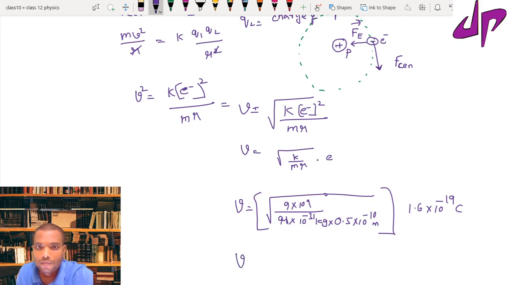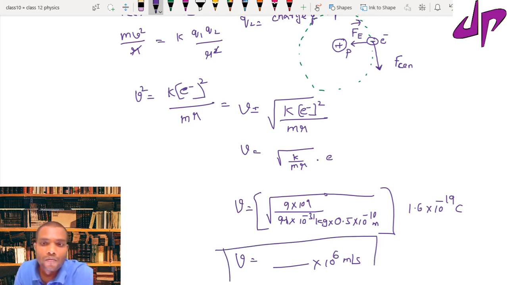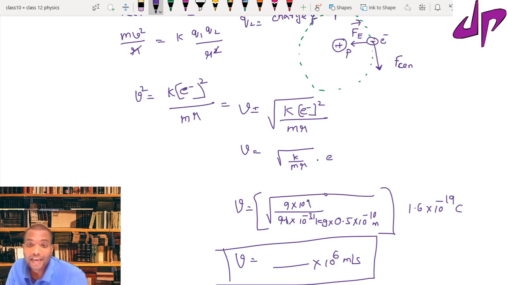So the velocity v equals something times 10 power 6 meters per second. Yeah, so this is the realistic problem. The electron is revolving with a huge speed, 10 power 6 meters per second, in an orbit around the nucleus in a hydrogen atom.